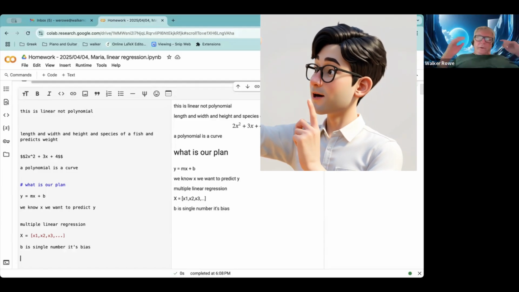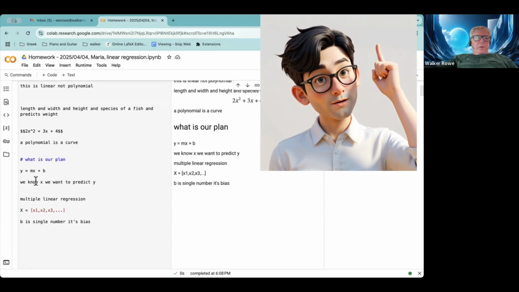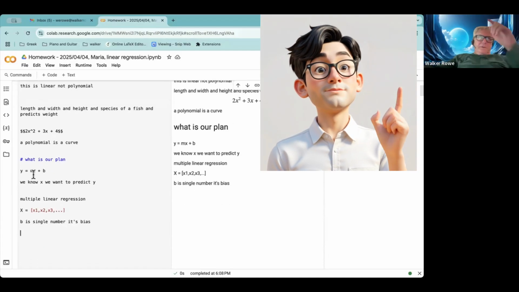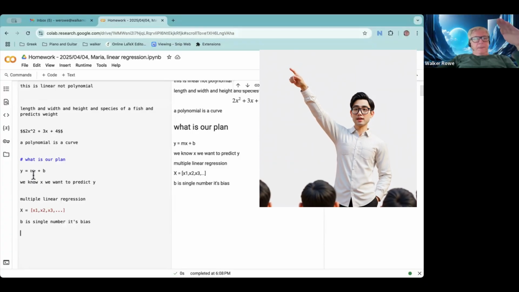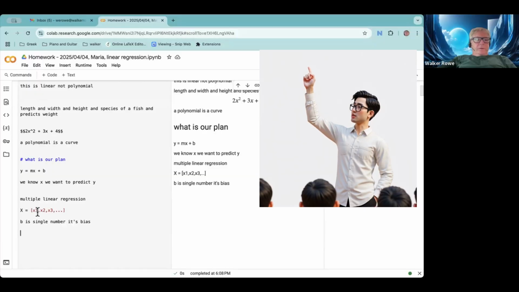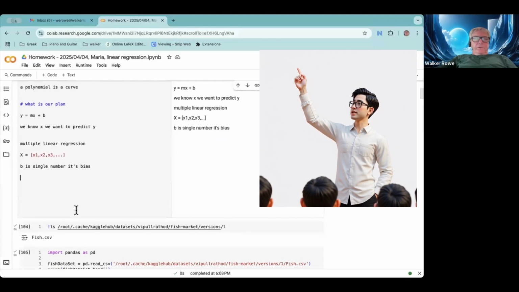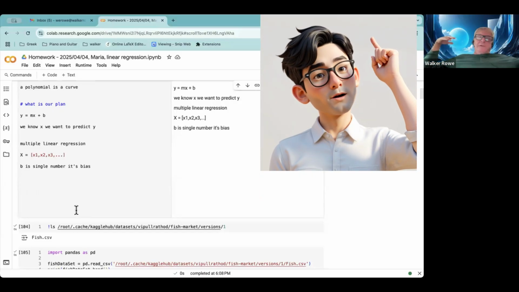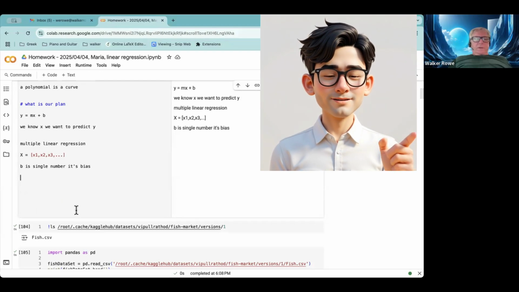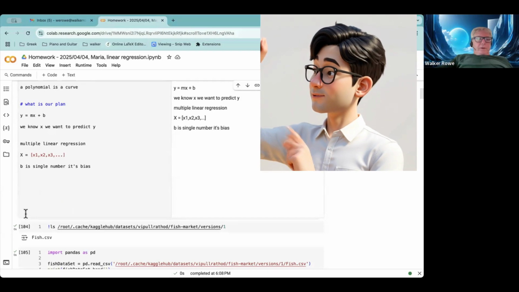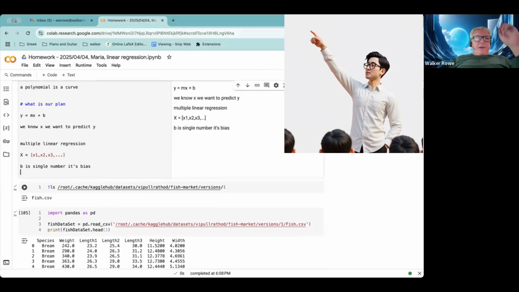You remember we called it the y-intercept when we were dealing with one independent variable because it's the point where the line crosses the y-axis. But when you deal with this, you've got multiple dimensions. Mathematicians call it real space. It's not three-dimensional, it's more than that. It's one for each independent variable. It's not something you can draw, but still bias.